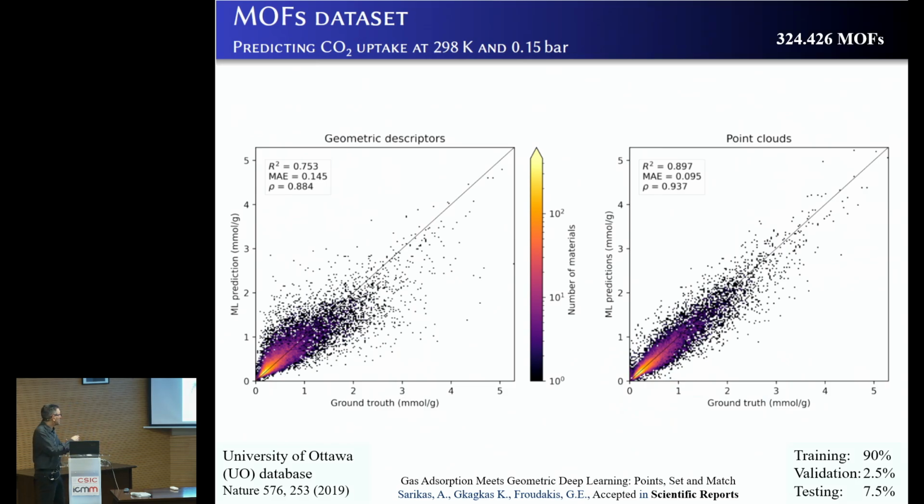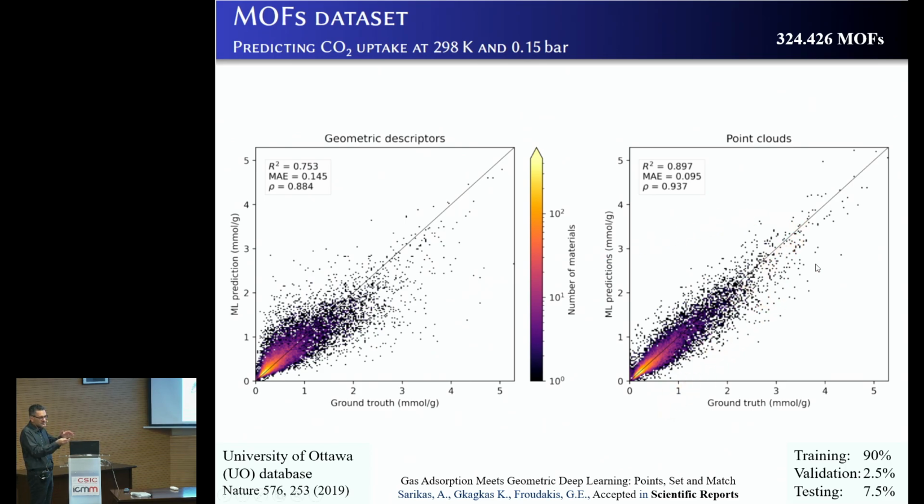You can see here some results. These are typical machine learning pictures: ground truth, the property, and ML prediction. If everything is near the diagonal, it means it's good. If it's not near the diagonal, it's not so good. So this is geometrical descriptors predicting CO2. This is with point clouds.